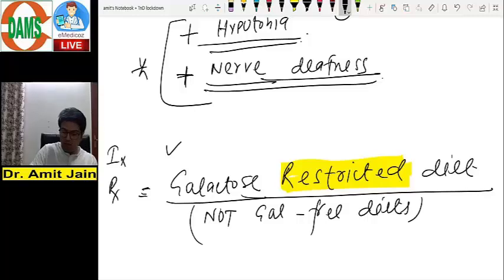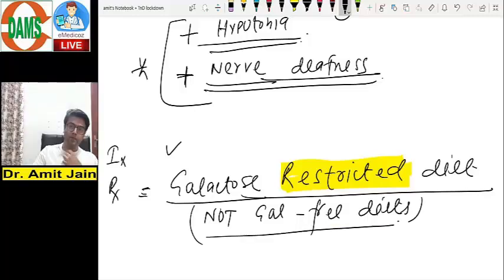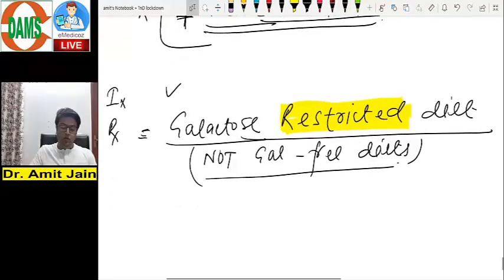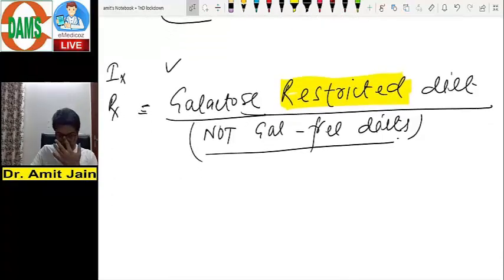Why are you not giving galactose free diets here? Galactose free diets you cannot give. You will see later, you have already seen that galactose is a very important part of various lipids. Lipids we will take later. It is a very important part of, let's say, our brain lipids.